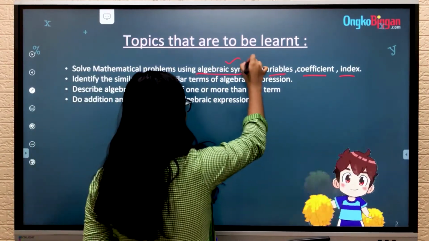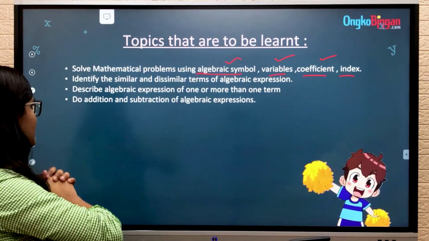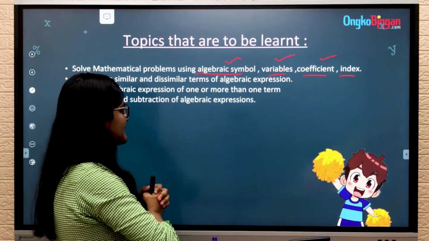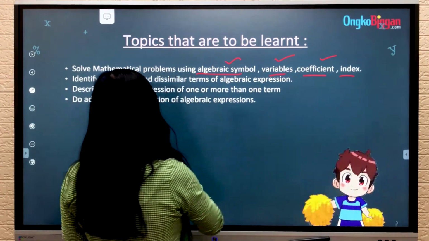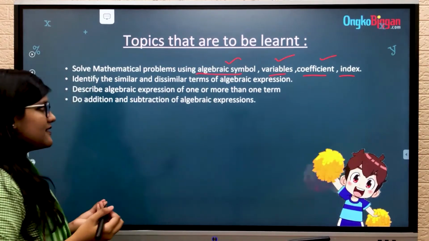Then, identify the similar and dissimilar terms of algebraic expressions, so we will know about algebraic expressions and their similarities and dissimilarities.